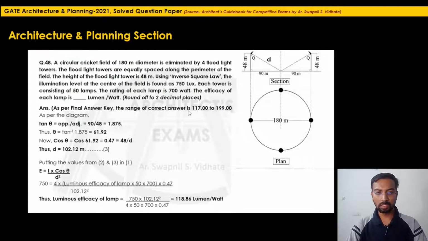Like here 750 is lux. You must understand the relation between lux, lumen per watt, and the efficacy, so that you can solve this type of numerical question easily.